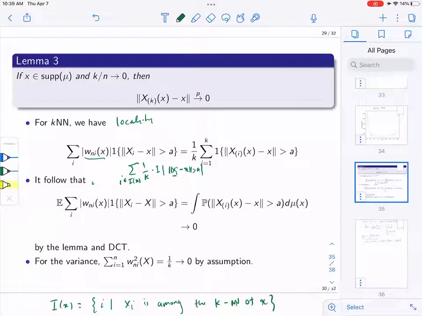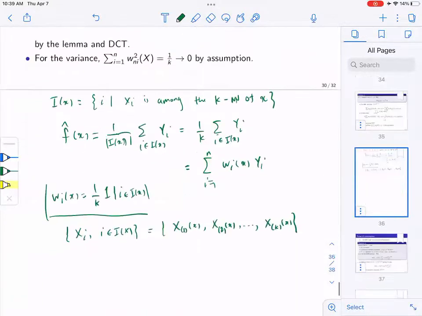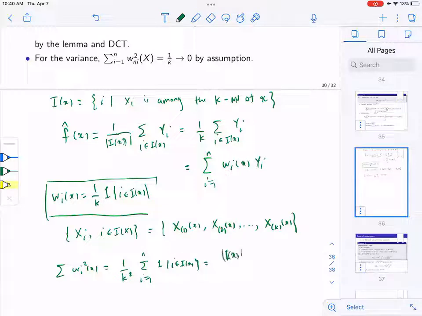The variance assumption is automatically satisfied because you can see the weights are like this. If I square them and sum them, the summation of w_i squared is just 1 over k squared, summation i from 1 to n of the indicator of I_x, which is just the size of I_x divided by k squared, and the size of I_x is just k. So there's no funny business because this is not going to be empty.